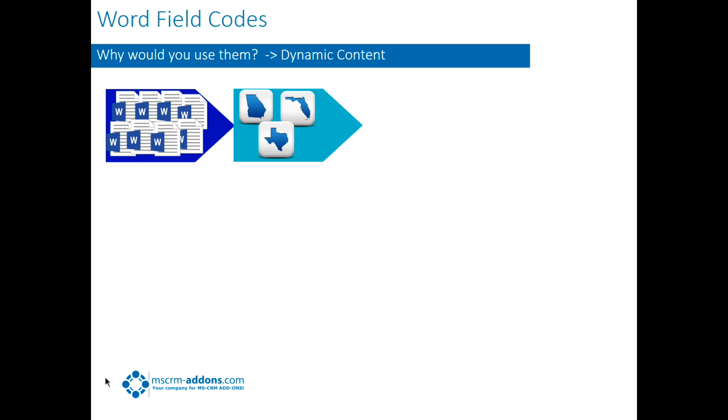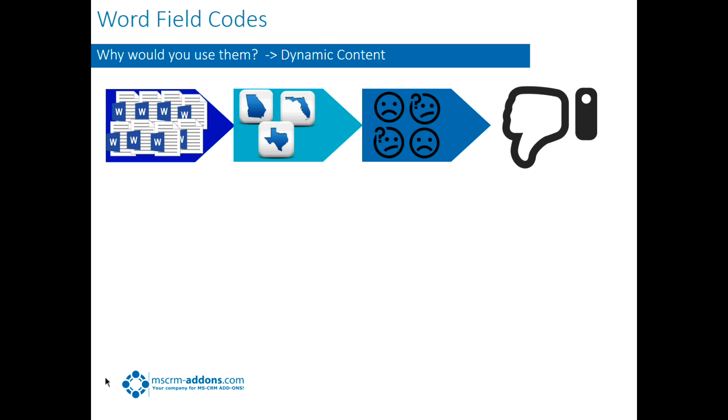Say, for example, they have a quote template and they have specific language they have to use for the state of Georgia, or Florida, or Texas, and they created 3 different templates for that. This usually leads to confusion between your users about which template to select, and it also leads to unhappy users, and that's a real bad thing. We want to avoid that.